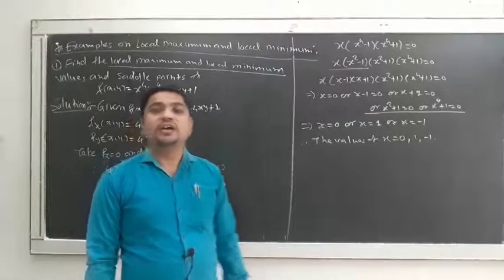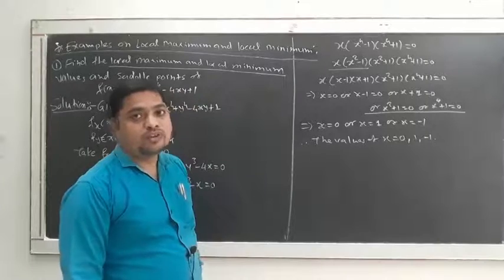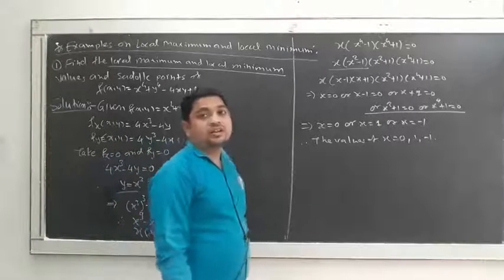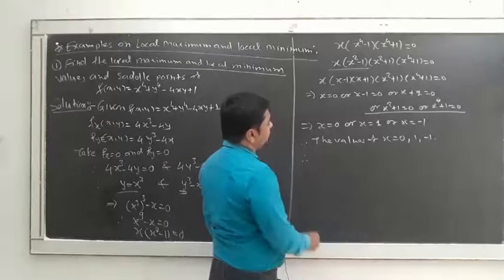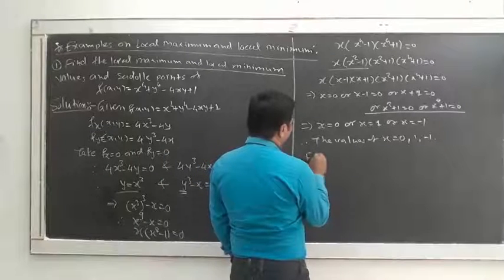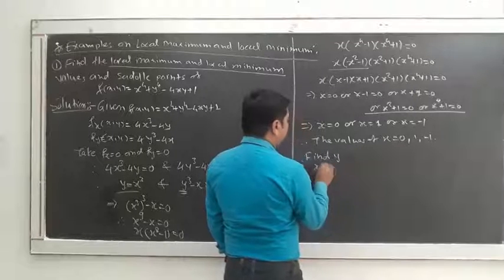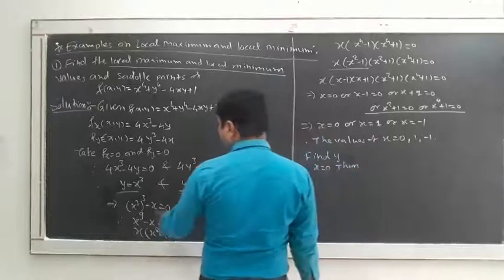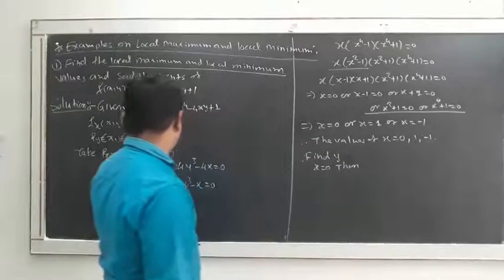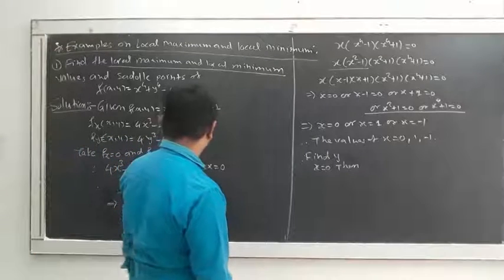We need only the real roots, so we are not going for the complex roots because we are discussing a real valued function here. And therefore what we have to do next is find y. If x is equal to 0, then you can take any of these equations and find the value of y.